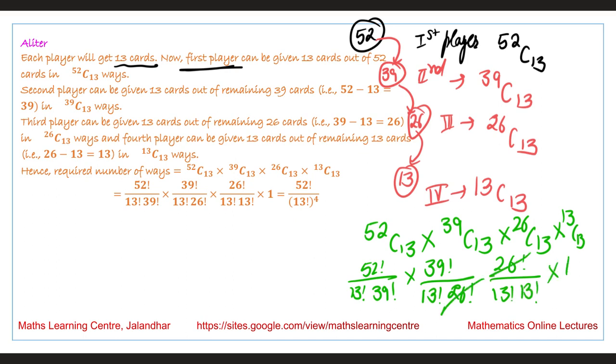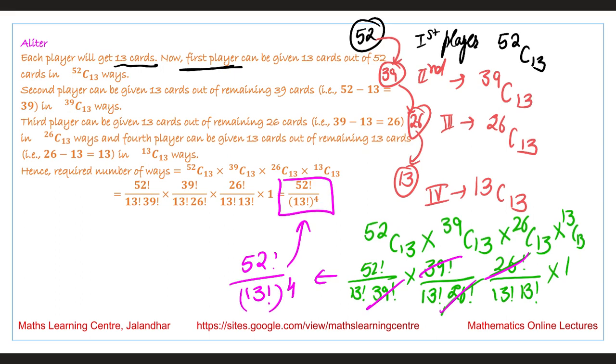So this 26 factorial gets cancelled, this 39 factorial gets cancelled, and the value we are left with is 52 factorial divided by 13 factorial raised to the power 4. So this is the final answer we obtain in this case.